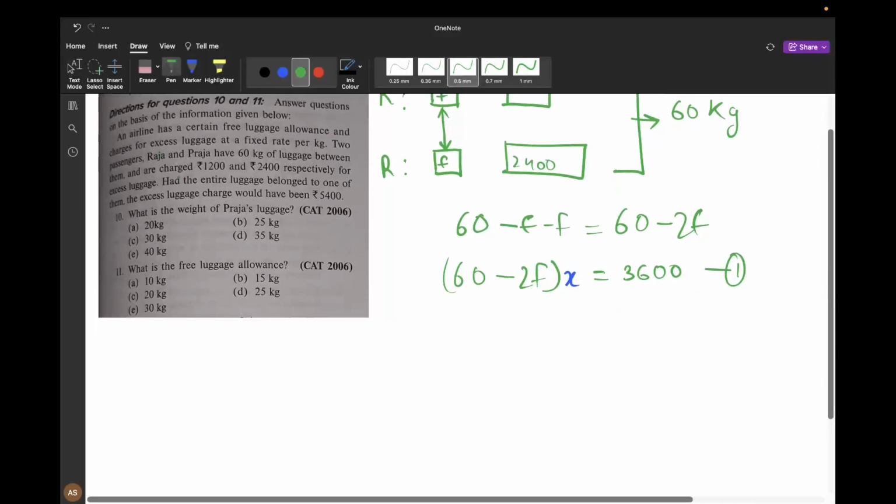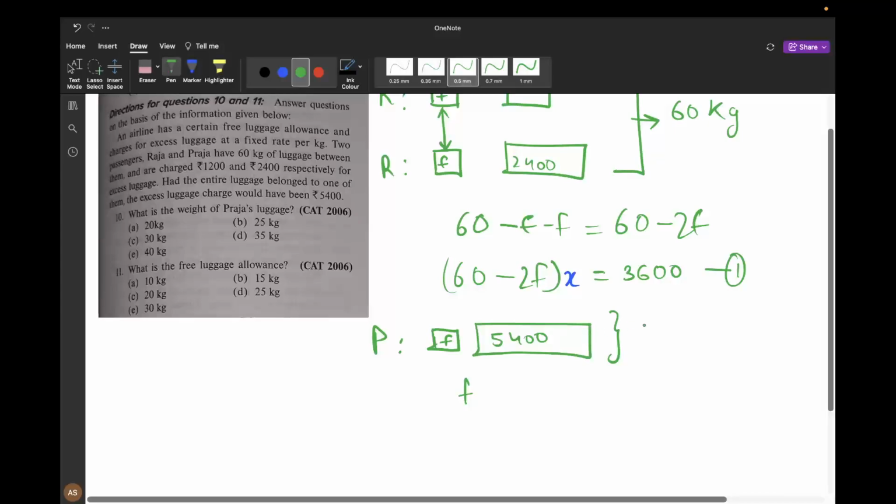Now we have another piece of information that if the entire luggage belonged to one of them, the excess luggage charge would have been 5400. Now this is interesting. Suppose only Praja is carrying all the four luggages. So that would still be one fixed amount of free allowed luggage, f.